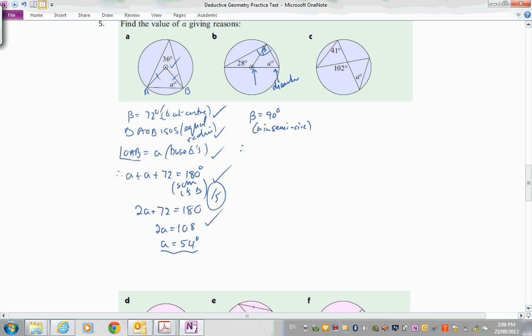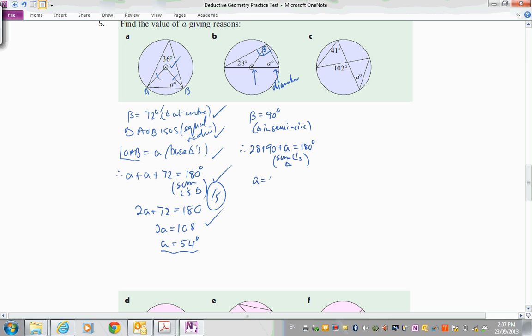Okay, therefore 28 plus 90 plus A would be 180 degrees. Some popular one, isn't it? Sum of angles of a triangle. That's what we're trying to do. Trap that unknown into a closed triangle there, and then we can use it. So, what does this mean?